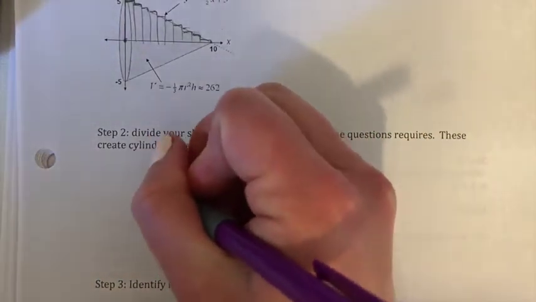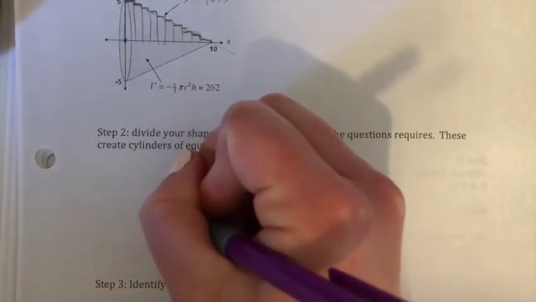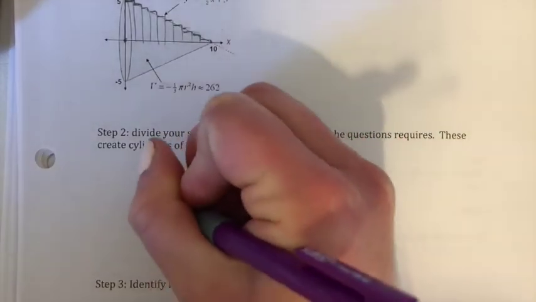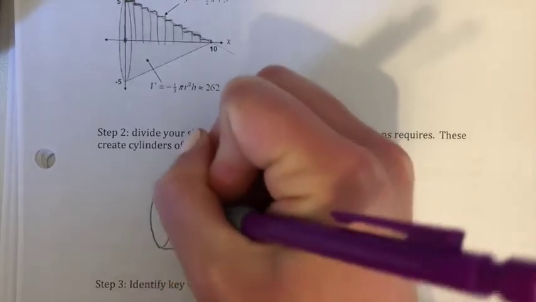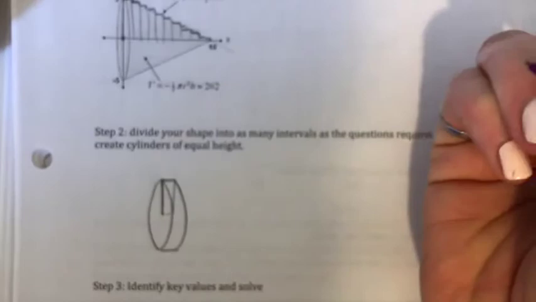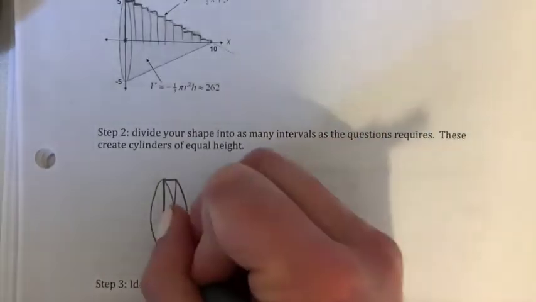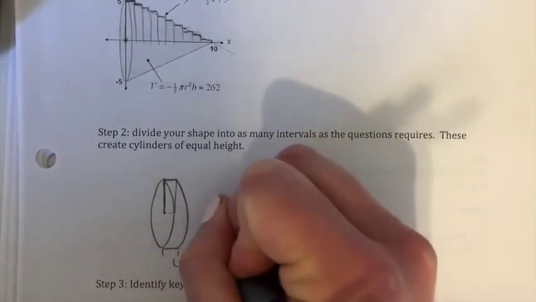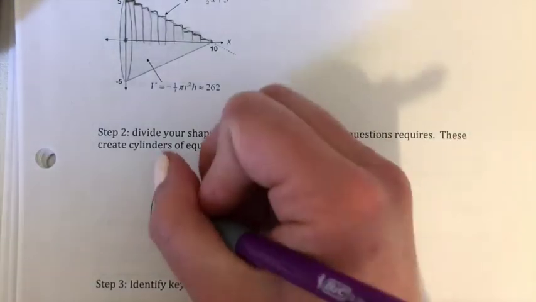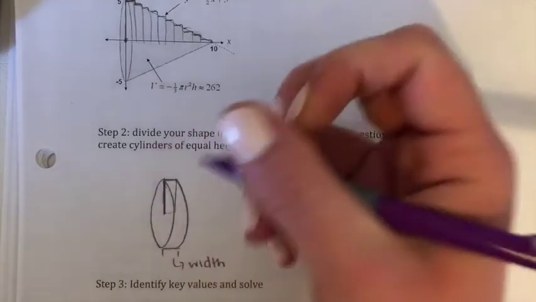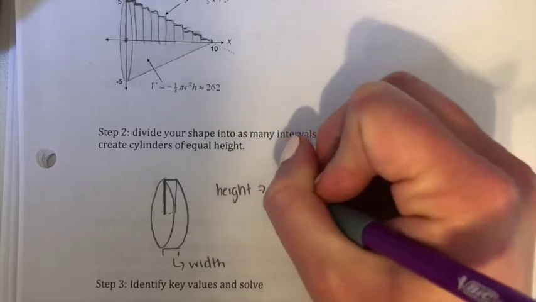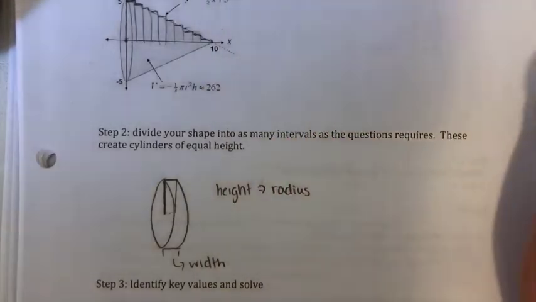Here's our rectangle, and it's going to rotate around and turn into cylinders that look kind of like that. So there's our radius, and there's the width of the rectangle. Each rectangle has a width, and that becomes the width of the cylinder. Each rectangle has a height, and the height of the rectangle becomes the radius of the cylinder.